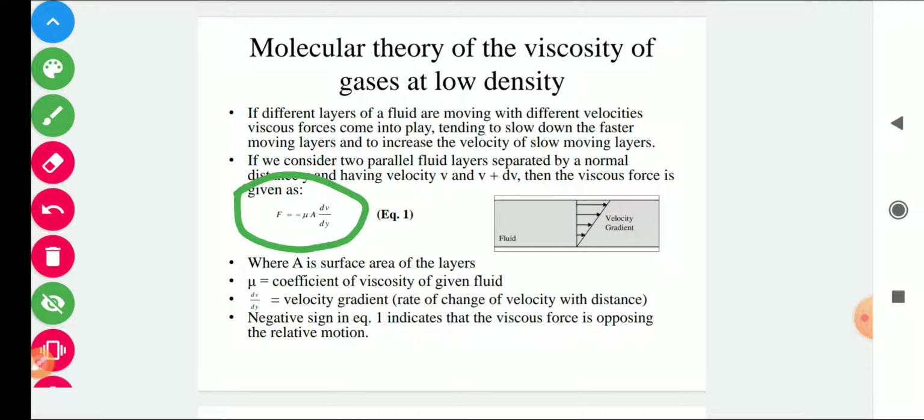We have already derived this in our previous classes. Here A is the surface area of the layer, mu is the viscosity of the fluid, and dv by dy is the velocity gradient. The negative sign indicates that the viscous force is opposing the relative motion.